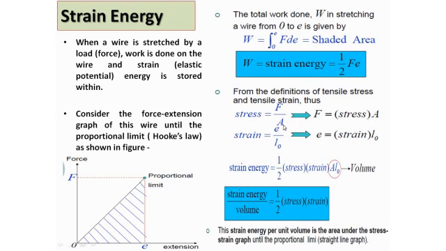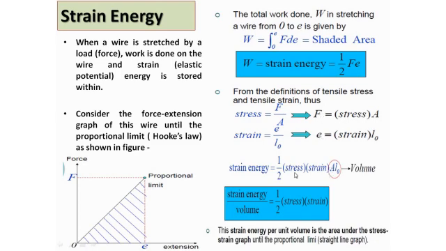Similarly, strain is equal to E by L naught, thus E is equal to strain into L naught. So the strain energy is nothing but half Fe.